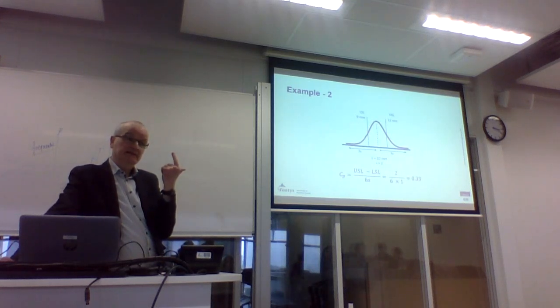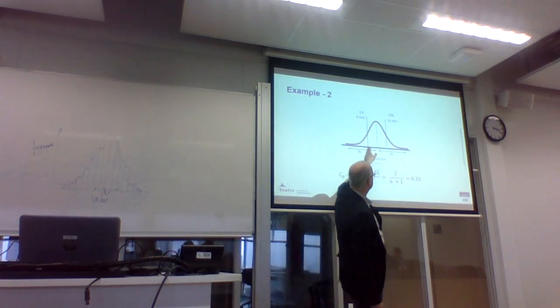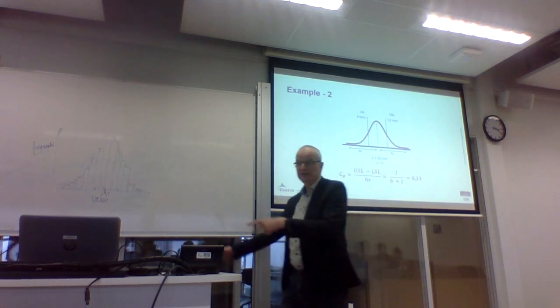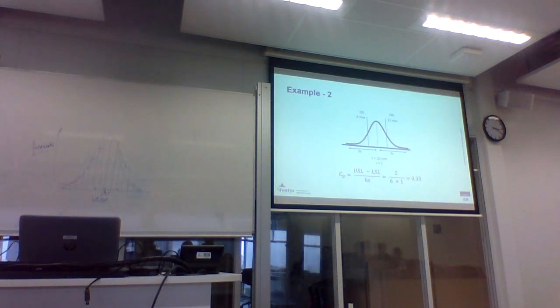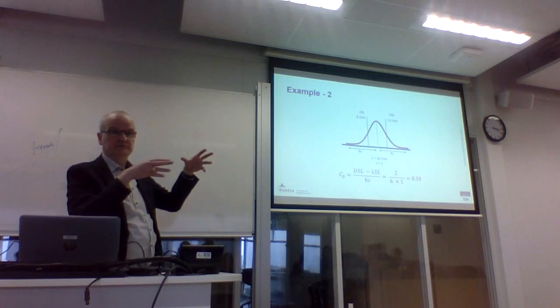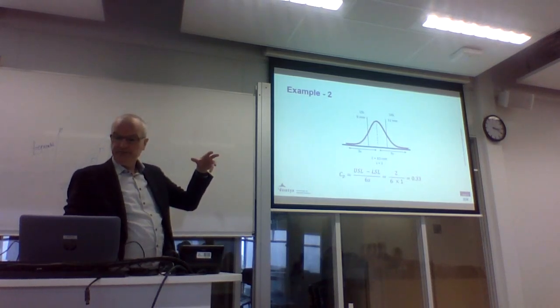This is better, this is worse. The chance that you're going to produce something outside of my specification limits is higher than in the previous one. So the CP gives me an indication of how well my process fits the specifications of my customer. It's the process capability.